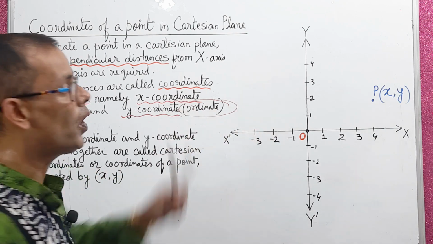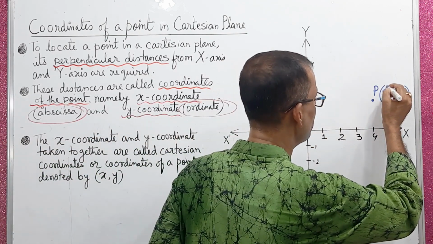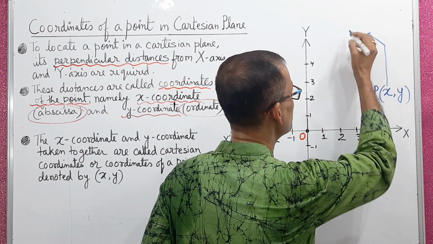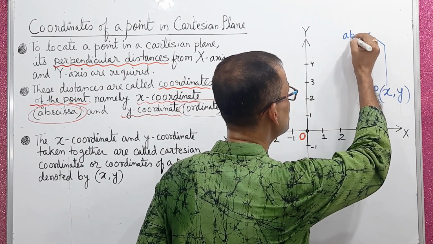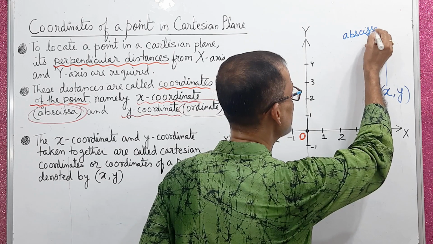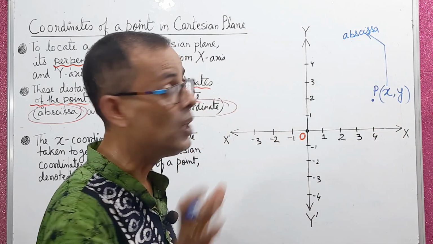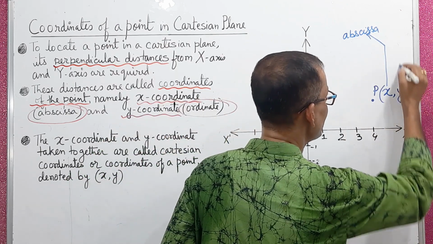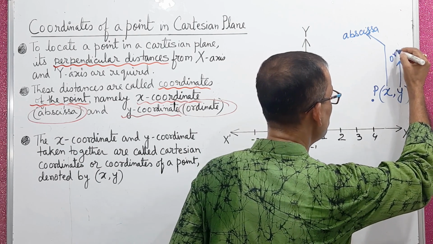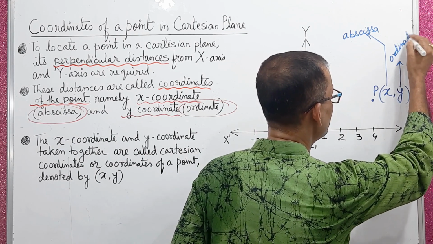Now this x coordinate has one more name, and that name is abscissa. And the y coordinate we simply call ordinate.